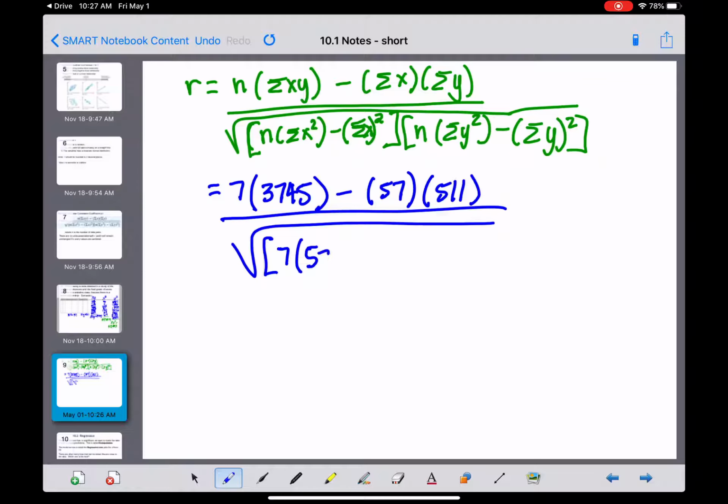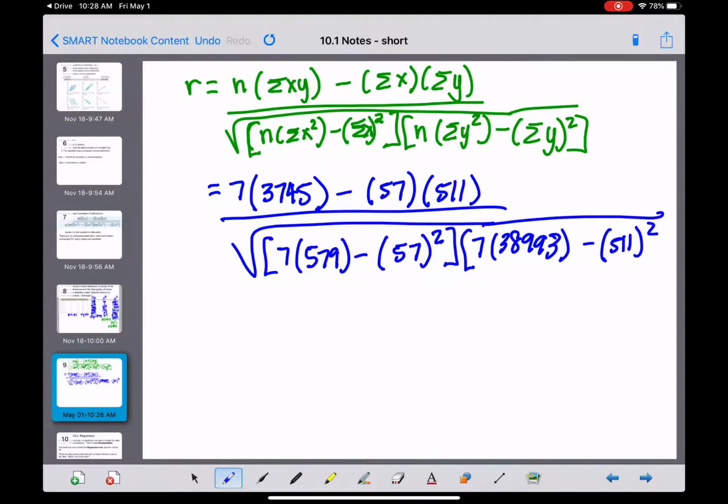That's 579 minus the sum of the x's, 57 squared, times 7 times the sum of the y squareds. That's 38,993 minus the sum of the y's squared. And when we compute that, we get negative 0.944.